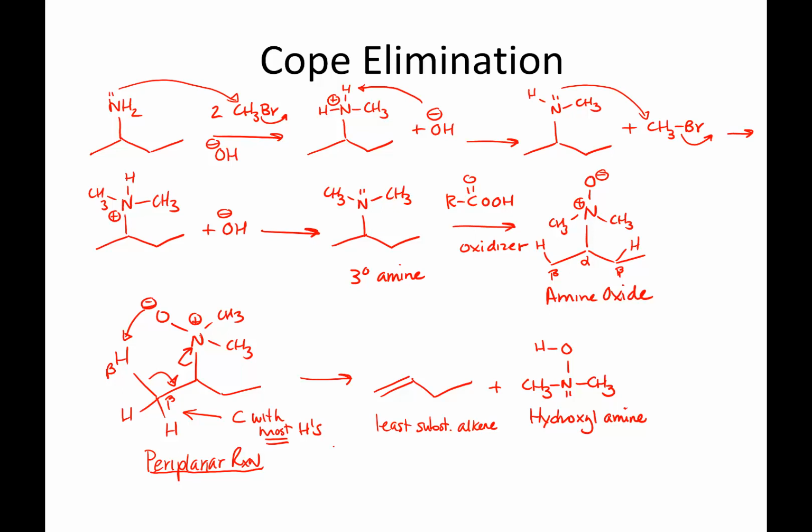Okay, and that's exactly opposite of the Hofmann elimination, because in the Hofmann elimination the leaving group had to be anti-periplanar to the beta hydrogen. In this case, this is what would actually be called syn periplanar, because syn means basically cis, on the same side. Okay, so that's where the reaction is slightly different.